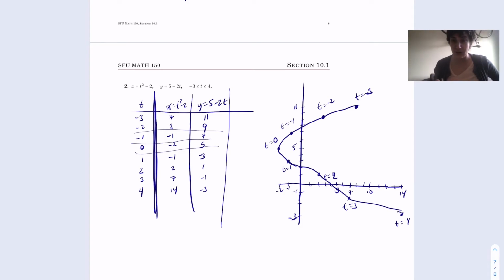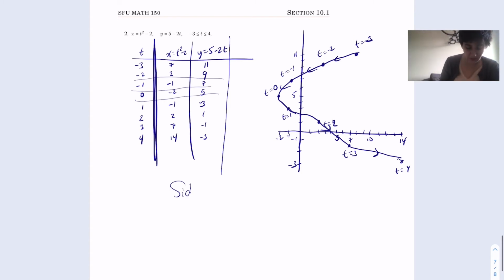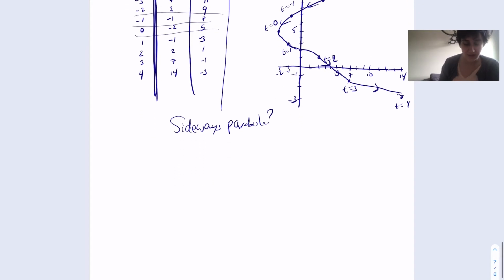My scale's a little wonky, and I put in my arrows to indicate direction. Is this a sideways parabola? A little more involved than the first one we saw? Absolutely. Let's show it. Y is equal to 5 minus 2t, so y minus 5 is equal to negative 2t, and 5 minus y over 2 is equal to t.